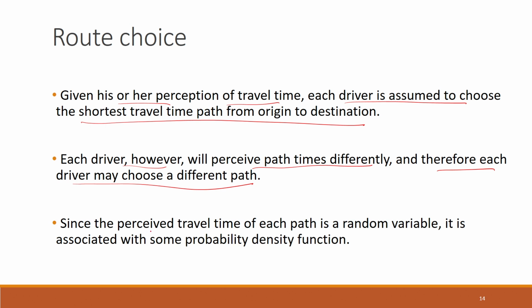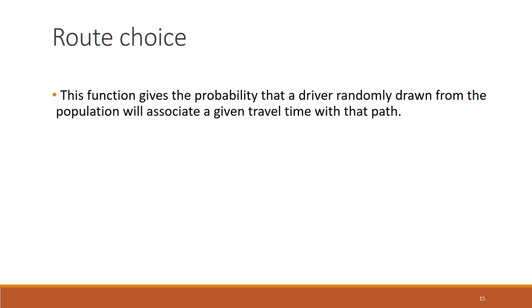Now since the perceived travel time of each path is a random variable, it is associated with some probability density function. This probability density function gives the probability that a driver randomly drawn from the population will associate a given travel time with that path.